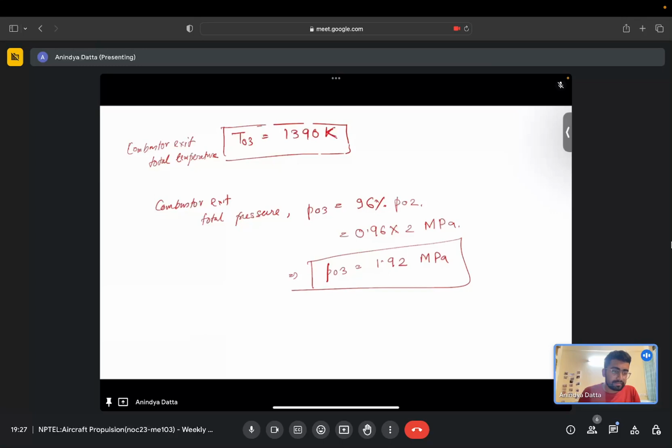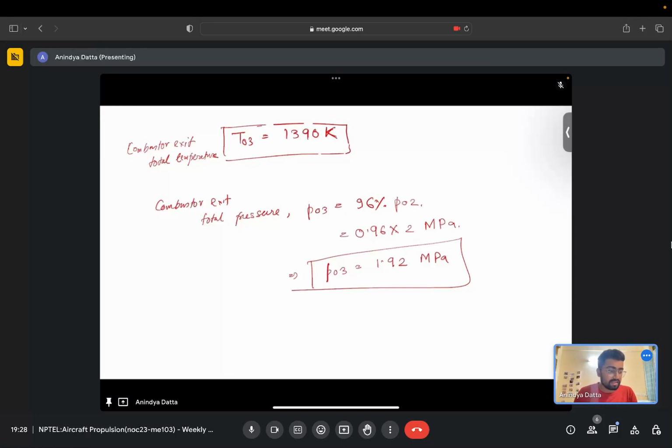Another important thing is the mass flow rate of fuel. The mass flow rate of the working fluid in the compressor is just m dot air, but the mass flow rate of the working fluid in the turbine is the mass flow rate of air plus the mass flow rate of fuel. But we have seen that this fuel air ratio is generally 2% or less. So if we just use the mass flow rate of air as the total mass flow rate, that doesn't incur significant errors.